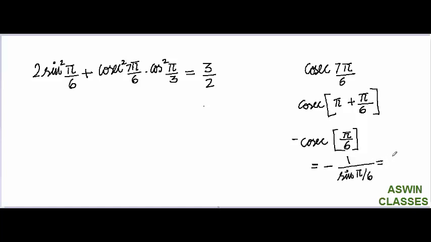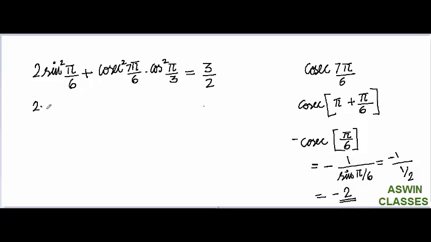Sine 30 is 1 by 2, so its value is equal to minus 2. So cosec pi by 6 is equal to 2. And you know all the other values.